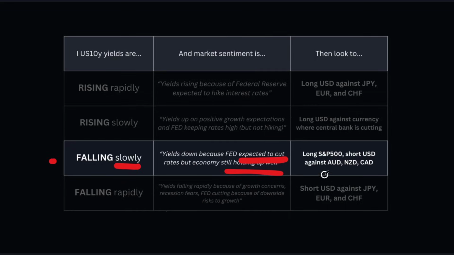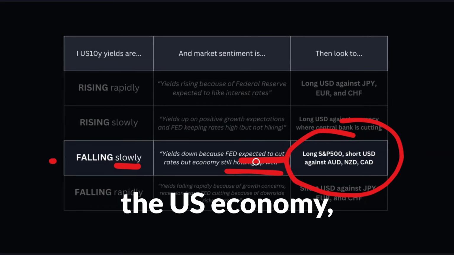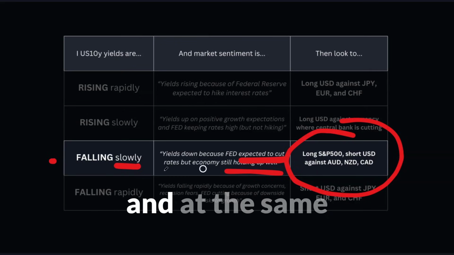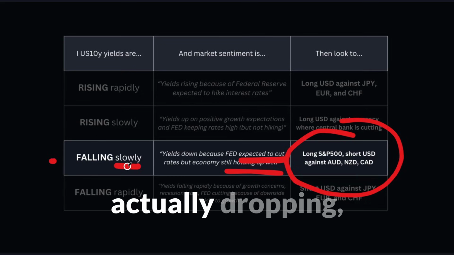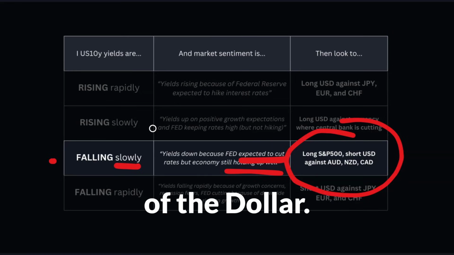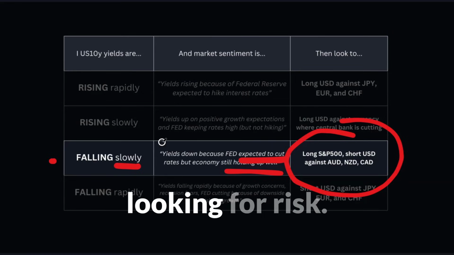Now, if we look at the trade that we take in this scenario, it's long the S&P 500, short USD against the Australian dollar, the New Zealand dollar, the Canadian dollar. Now, the reason for this is that if the world, but particularly the US economy, has sentiment in general that is safe, is positive, and at the same time yields are actually dropping, then funds leave the safety of the dollar, because the dollar is a little bit of a safe haven, and then it goes looking for risk.